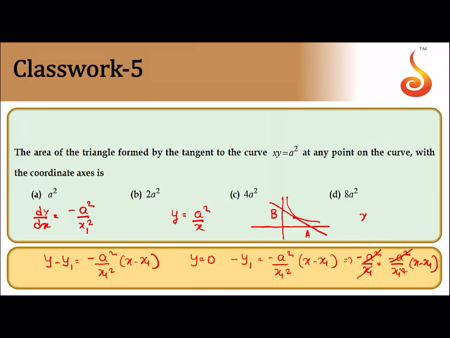Y1 is nothing but a square by x1. This implies minus a square by x1 equal to minus a square by x1 square into x minus x1. So minus a square will cancel, x1 will cancel with x1. You get x equal to 2x1. Similarly, y is equal to 2y1.